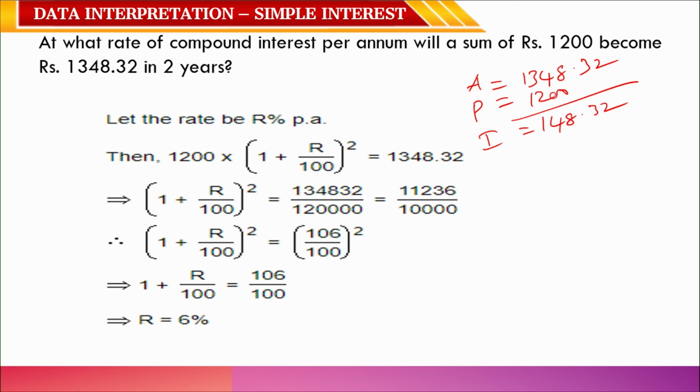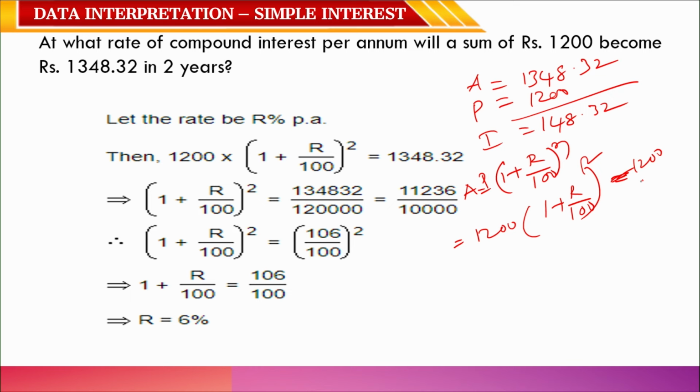Then what is the formula actually? A equal to P of 1 plus R by 100 whole power n, correct. P is 1200, and 1 plus R by 100 is what you have to find, n is 2 years, and minus 1200 is equal to 148.32, correct.